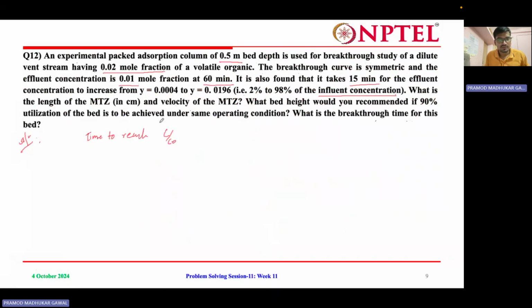So 0.1 divided by 0.02, that's 0.5, right? At the bed exit, the time required is 60 minutes, that's Tm.